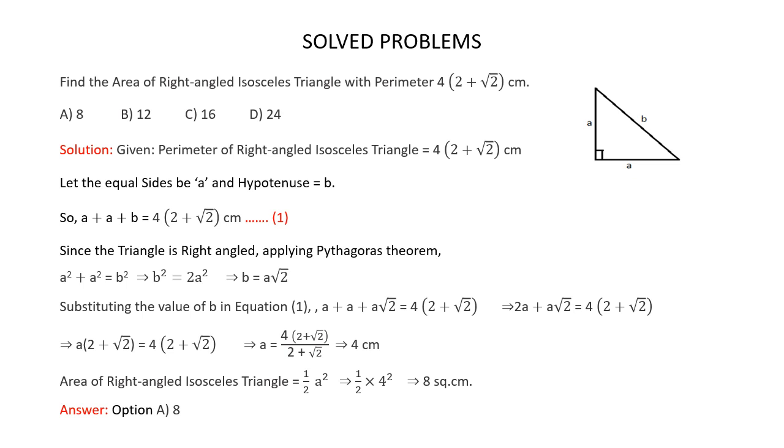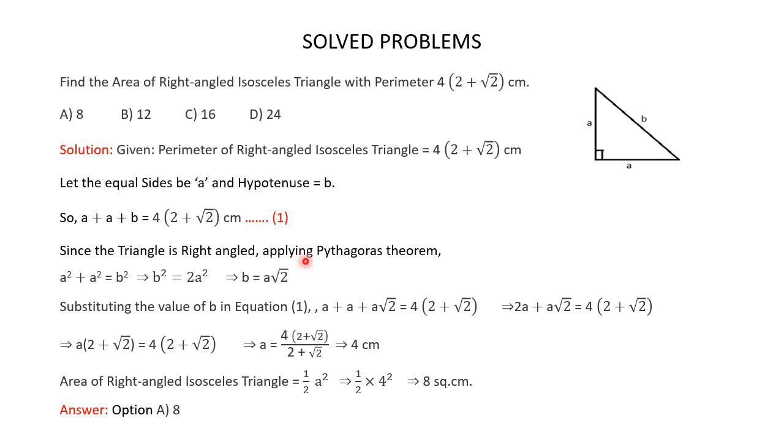Let the equal sides be A. Let the hypotenuse be B. Now the perimeter of this right-angled isosceles triangle would be equal to 2A plus B. So now we have 2A plus B is equal to 4 multiplied by 2 plus root 2 centimeters. This is equation 1.